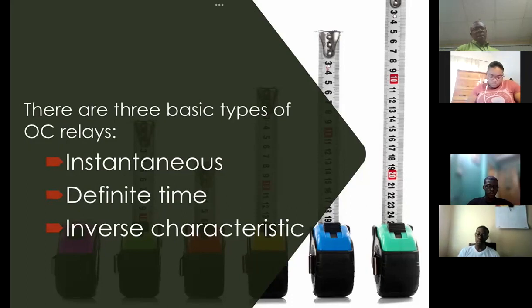For the definite time, once it exceeds the preset value, it gives a specified time after which it will operate. And for the inverse relays, as the current increases, the operating time is reduced. Okay? So our main focus this afternoon into this evening will be on the inverse relays.